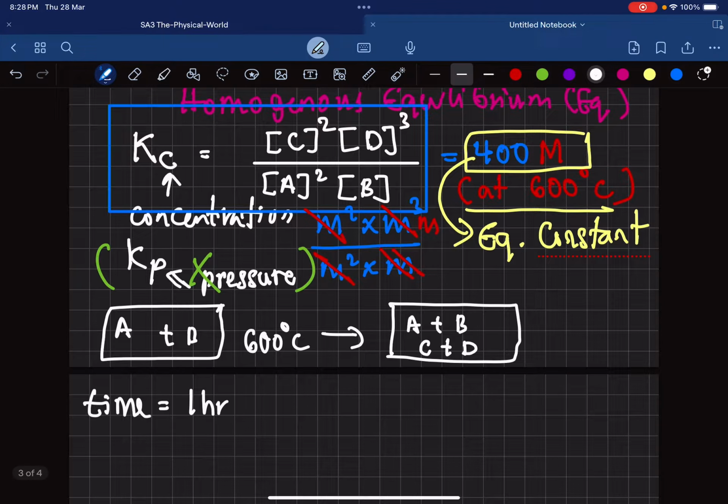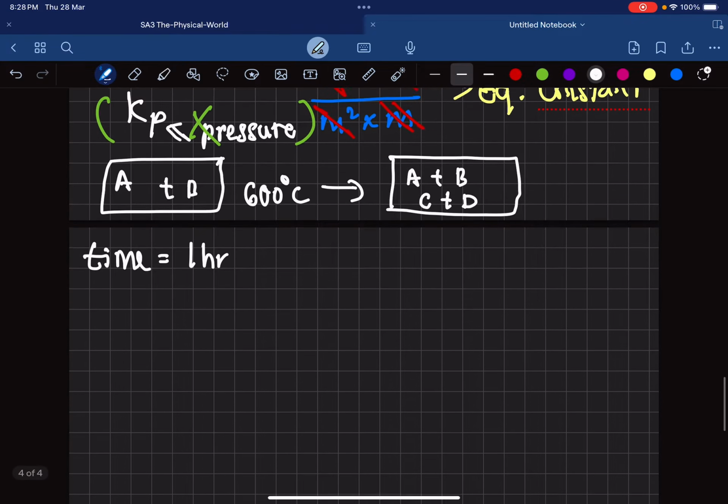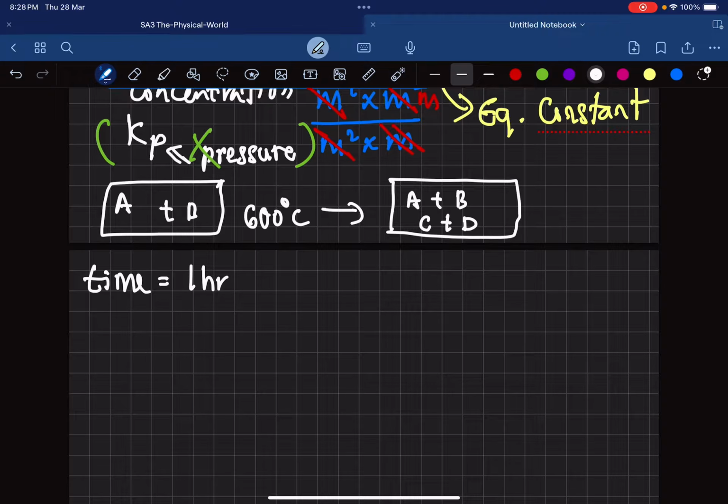Concentration of C power of 2, concentration of D power of 3, divided by the concentration of A power of 2 multiplied by B. You take all of this and you get a value. Let's say the value that you get is, let's say 150 M.